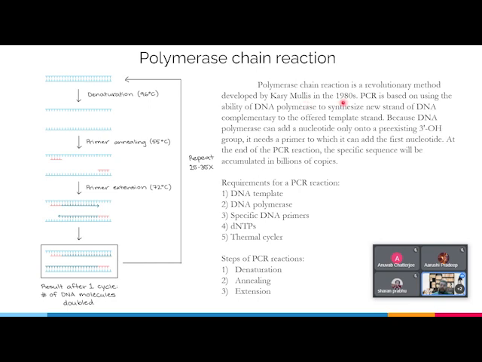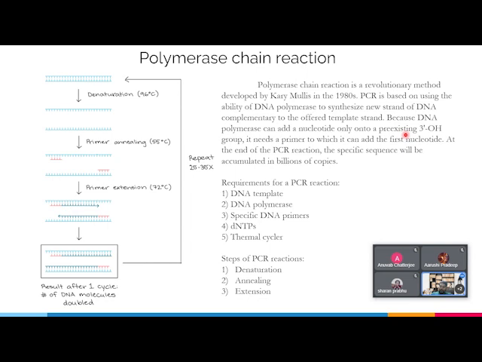PCR is based on the ability of DNA polymerase, specifically the Taq polymerase isolated from Thermus aquaticus, which can withstand high temperatures, to synthesize a new strand of DNA complementary to the offered template strand. Because the DNA polymerase can add nucleotides only to a pre-existing 3' OH, it needs a primer to start amplification, and by the end of PCR we will have billions of copies of the given template that we started with.